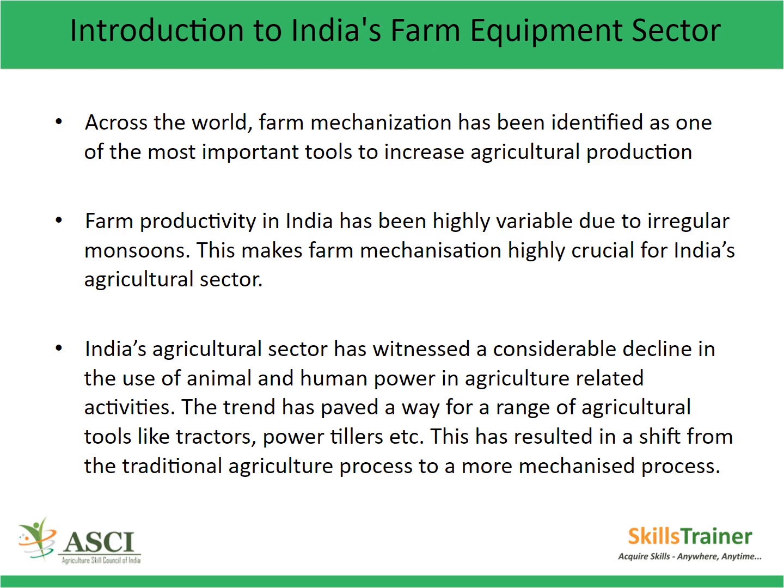India's agricultural sector has witnessed a considerable decline in the use of animal and human power in agriculture related activities. The trend has paved the way for a range of agricultural tools like tractors, power tillers, etc. This has resulted in a shift from the traditional agriculture process to a more mechanized process.